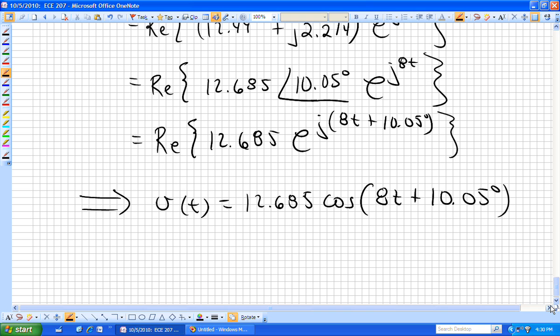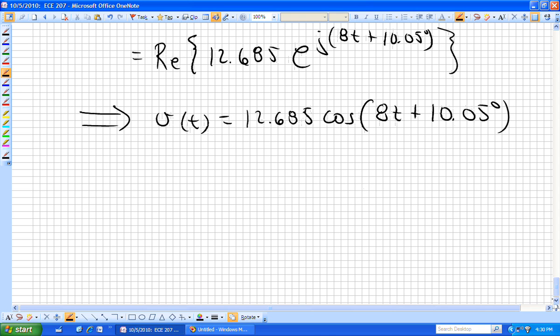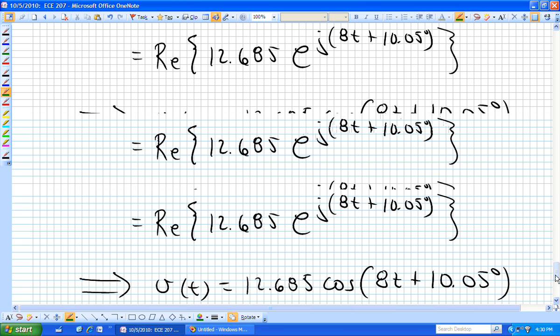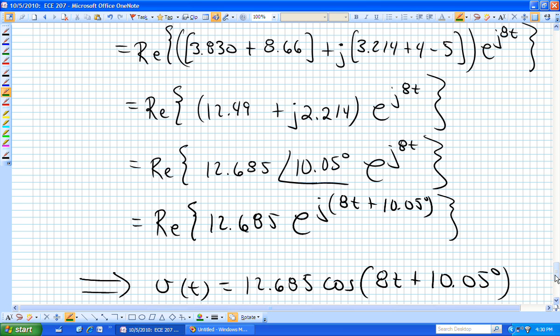How did I get the 10.05? I would just draw this sketch, and I'm working from this complex number. I want to convert that into a magnitude and an angle.